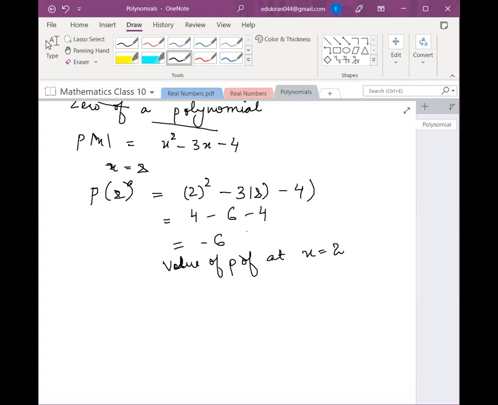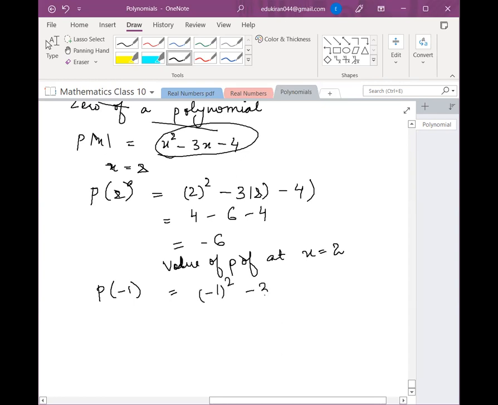Now, if there is some number where the value of the polynomial becomes 0, for example, let us check this, because I already know this is going to be 0. I'm directly taking -1, but you can check various numbers and suddenly there is one number for which you get 0. So let's check -1. Put -1 in place of x. So this will be (-1) squared, and -3 into -1, and -4.